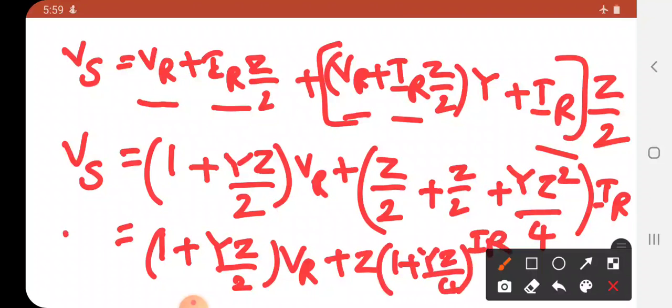So now let us compare this equation with Vs is equal to A into VR plus B into IR. Then what is the equation for A? A is 1 plus YZ by 2 and B is Z into 1 plus YZ by 4.